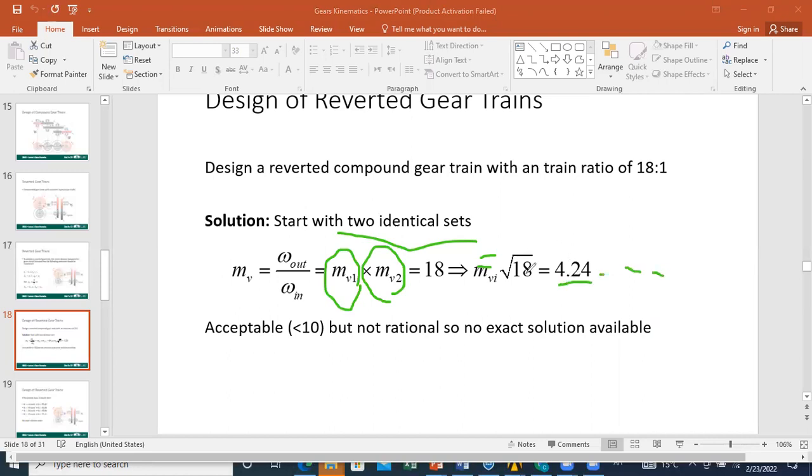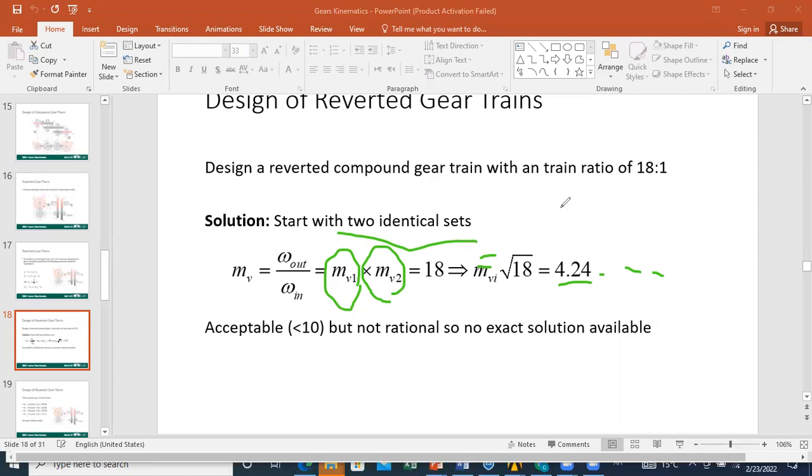Whenever you have an irrational number that you cannot write as a fraction, it's not possible to find an exact solution. So no need to try.